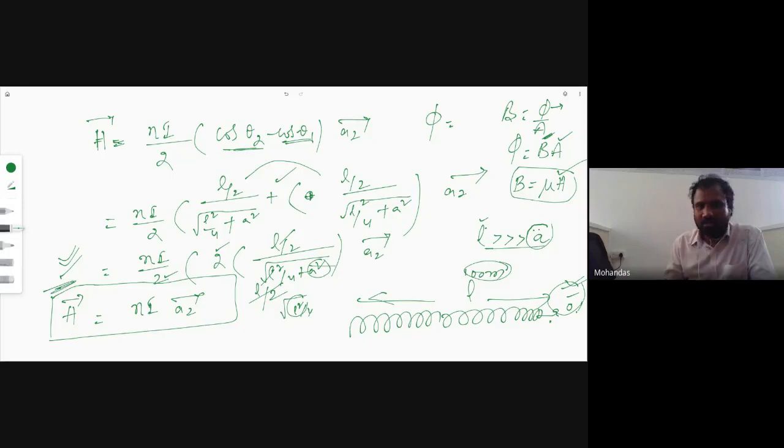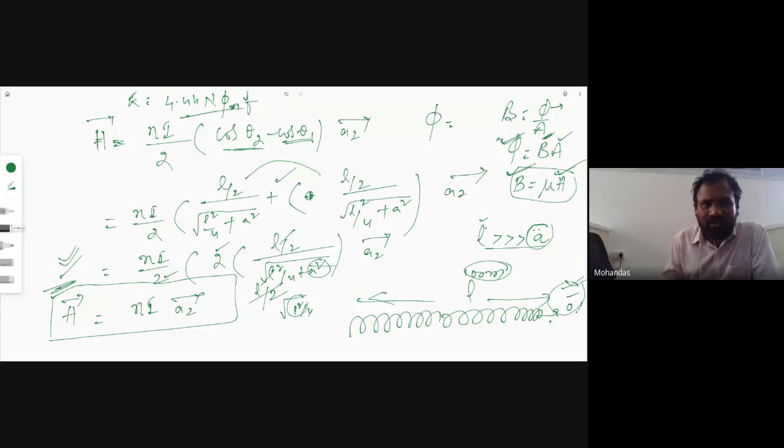Once we get H, we can calculate the magnetic flux density. Once we calculate the flux density, we can calculate the flux. And once we have the flux, we can calculate the EMF of a transformer. What is the EMF equation of a transformer? E equals 4.44 into number of turns into flux phi m into frequency.